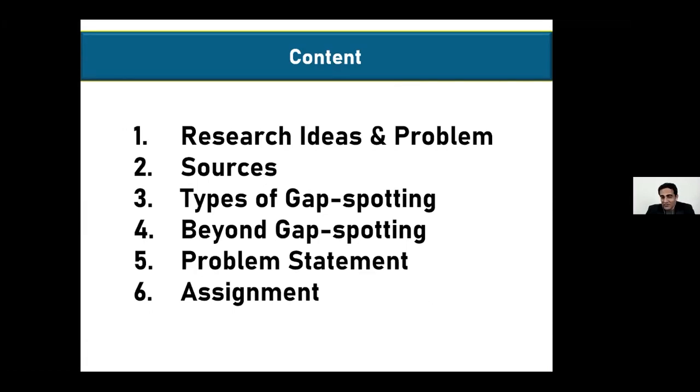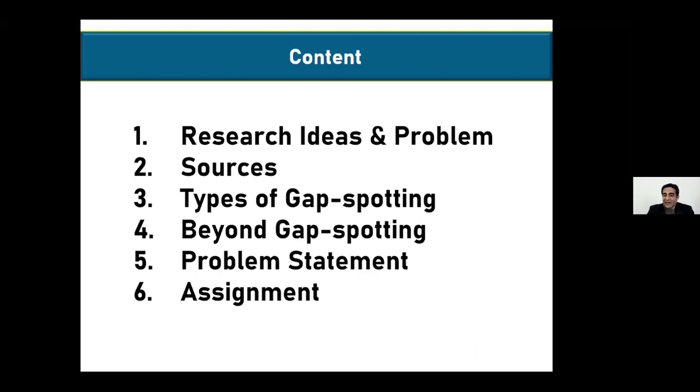So this is what we are going to discuss, and we will also discuss going beyond gap spotting. At the end, we'll discuss the problem statement. Although I'm not going to discuss in detail how to construct it, I'll discuss the major components, the factors which make a problem statement more visible and attractive for your research thesis and the project you are working on.